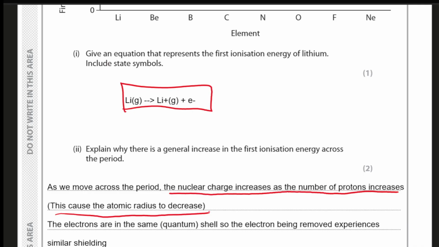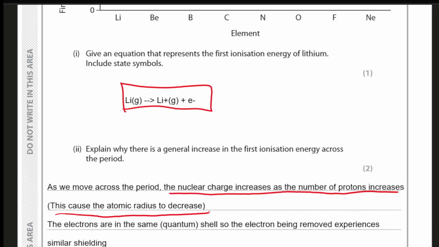Now there is another thing that happens: the electrons being removed are in the same quantum shell, so the outermost electrons experience similar shielding. Since all of the elements are in the same period, the number of electron shells is not increasing, which means the outermost electron is being removed from the same shell.